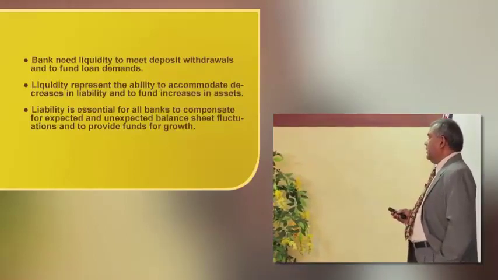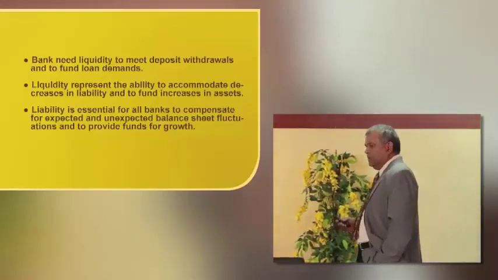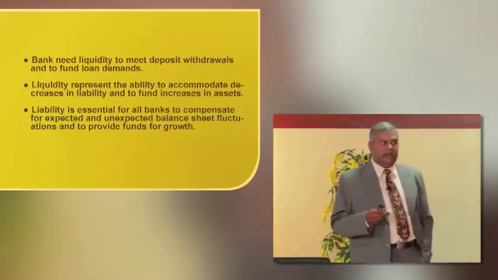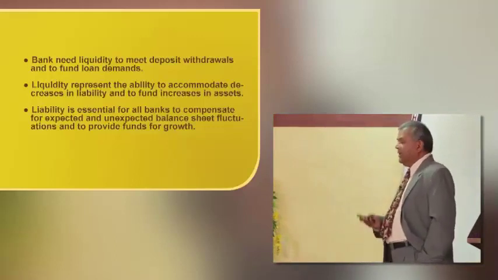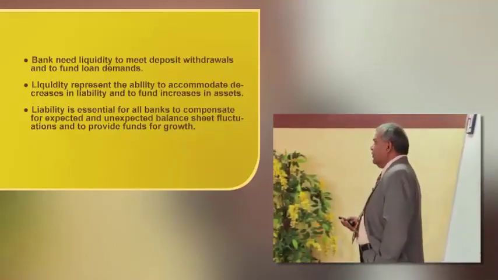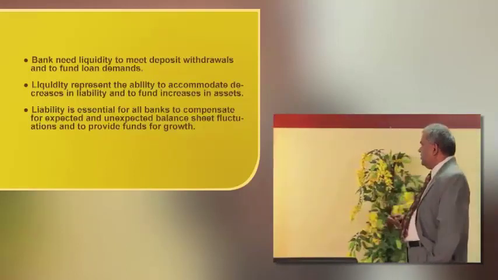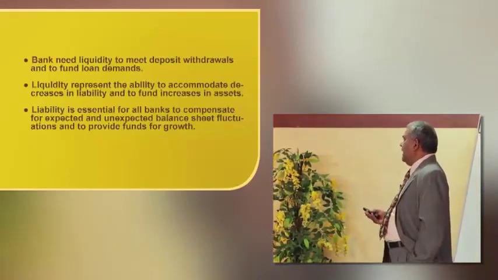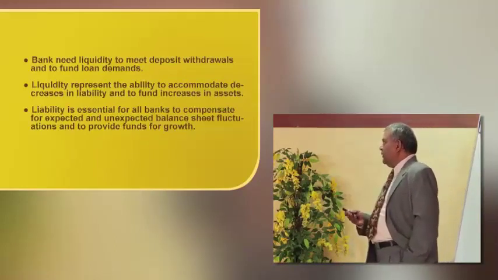Liquidity represents the ability to accommodate decrease in liabilities, that is withdrawal of deposits, and fund increase in assets, that is when the bank is disbursing a loan, the asset goes up. So when liabilities are coming down, there is a cash outflow, and when assets are increasing, there's a cash inflow. Liquidity is essential for all banks to compensate for expected and unexpected balance sheet fluctuations and provide funds for growth.